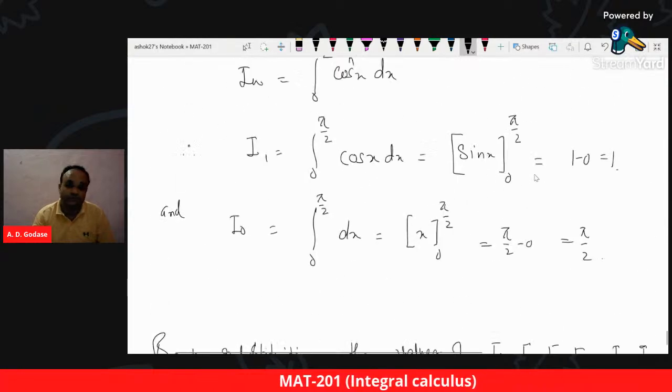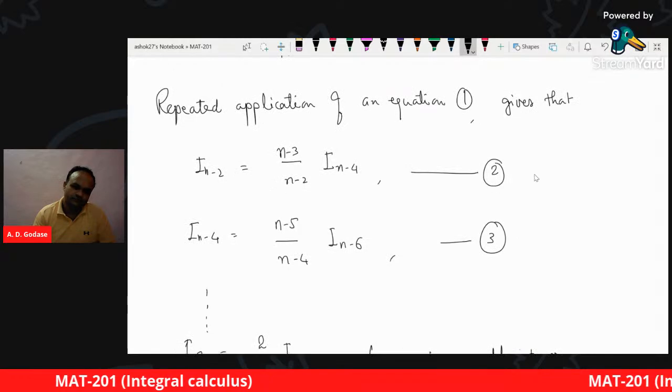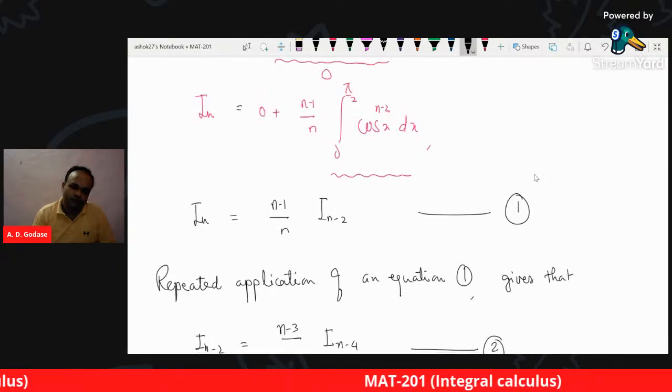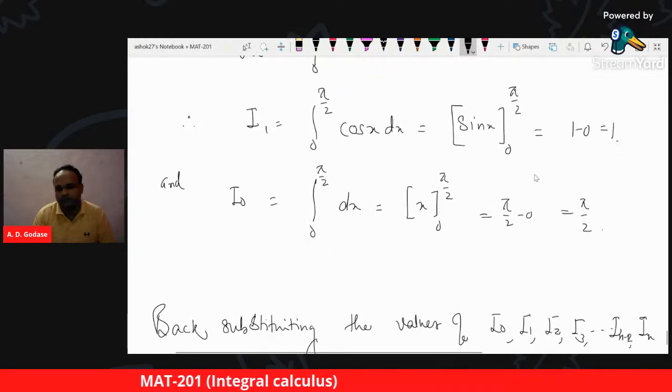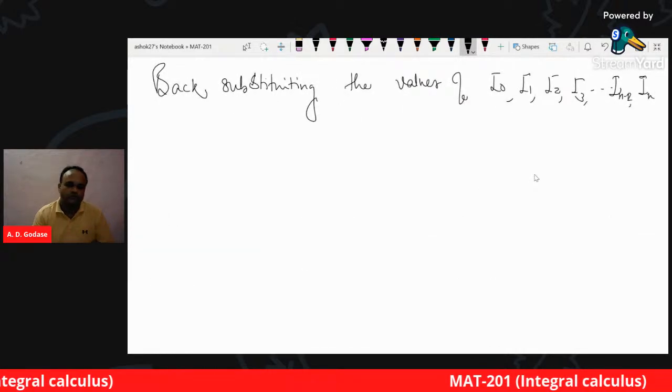That will depend on whether your integer is an even integer or an odd integer. So we write In minus 2 in terms of In minus 4, and we write In as In minus 2. So let us see what we'll get.